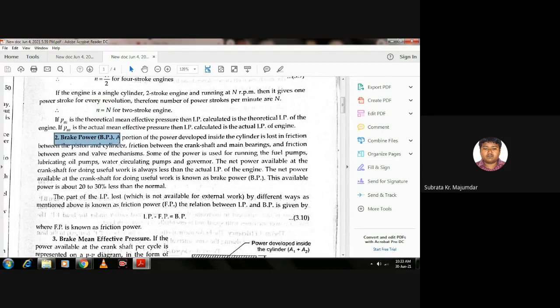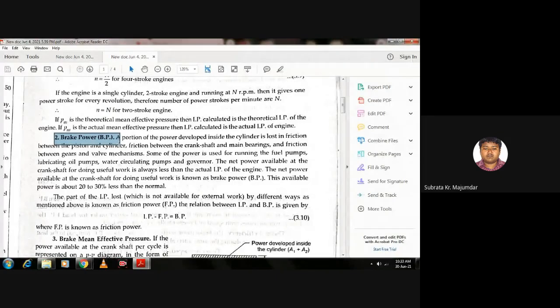What is brake power? A portion of the power developed inside the cylinder is lost in friction between the piston and cylinder, friction between the crankshaft and main bearing, as well as friction between the gears and valve mechanism.